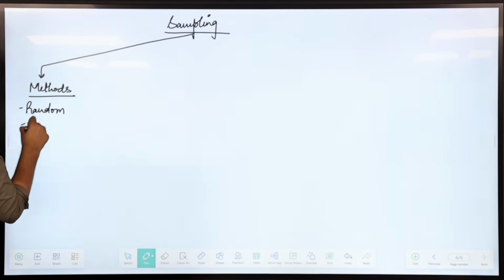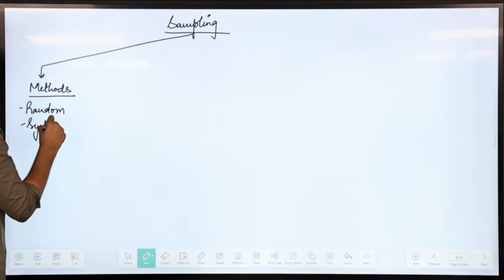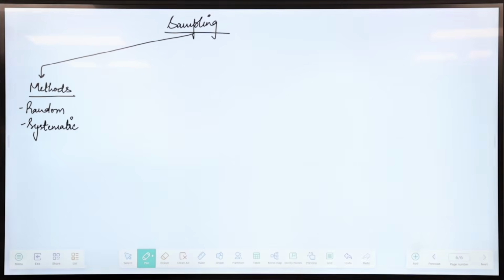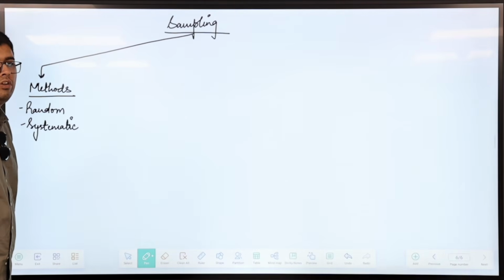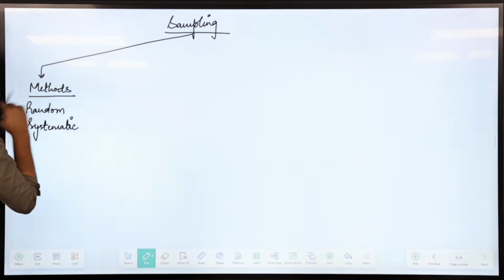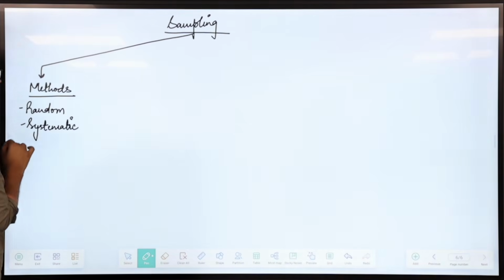You can have systematic sampling, where data is still collected at random, but the process of collection has a system to it. So basically, selection of data will be done as per a predetermined approach. So maybe every 5th value is selected or every 10th value is selected. So now selection is no longer the problem for researchers. Selection is automated, but otherwise the sampling is still random.